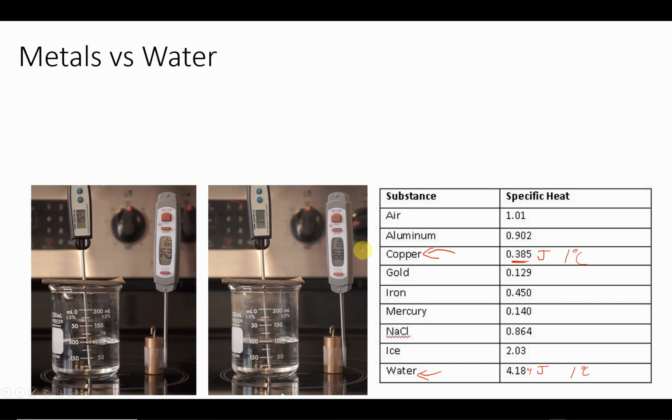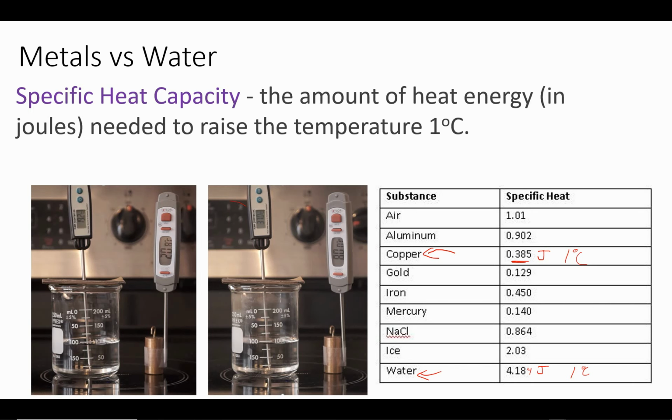So this is the definition I want you to write down. Heat capacity, or more formally, specific heat capacity, is the amount of energy that you need to apply to raise the temperature 1 degree Celsius. Now there's one other thing I want to put in this.